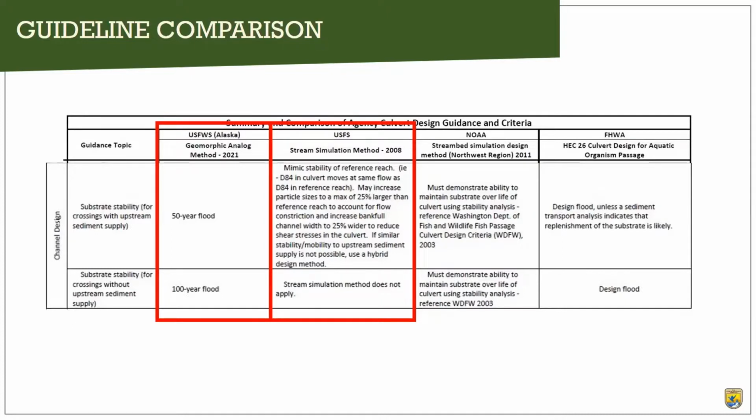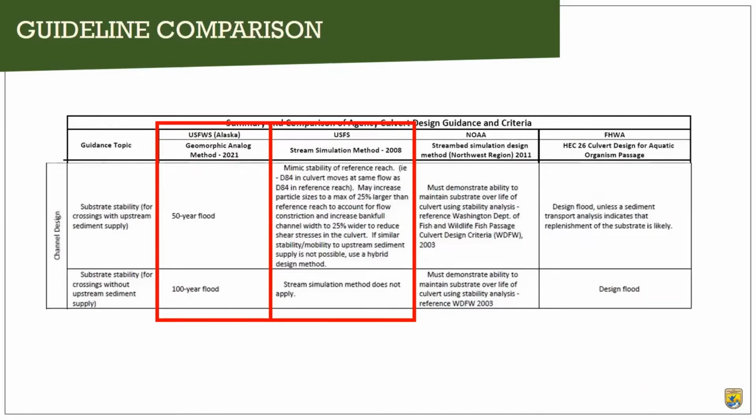I think that a lot of people misinterpret this. They will do a pebble count in their upstream reference reach and then use the same materials in the culvert. And that's not what these guidelines are telling you to do. They are telling you that you need to upsize your sediment to account for those higher velocities.